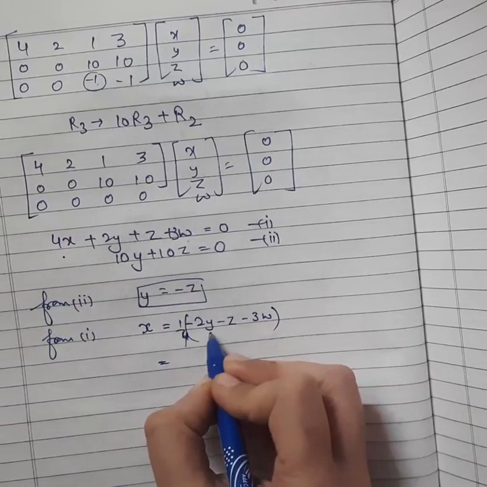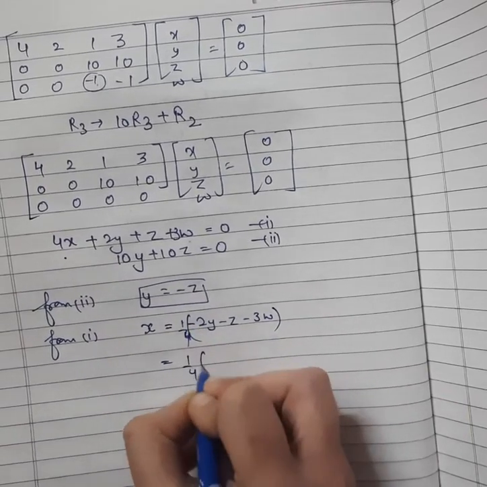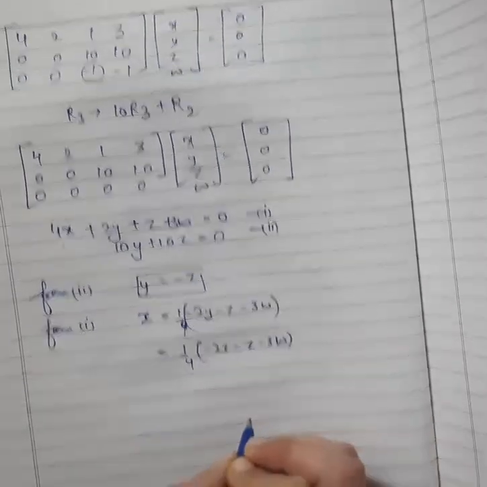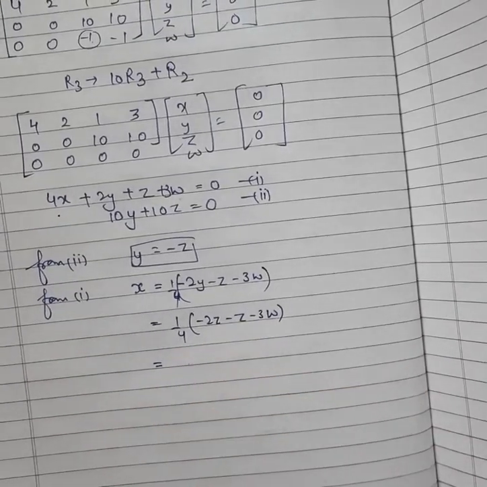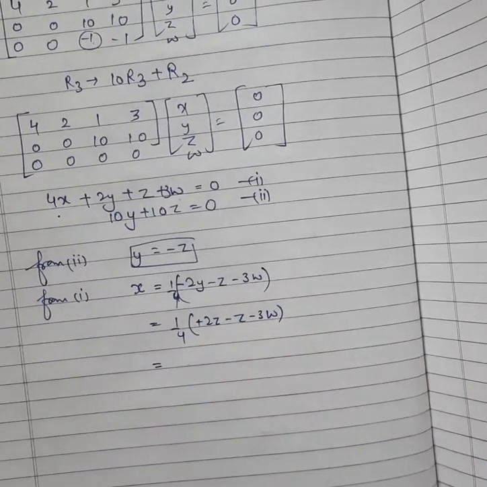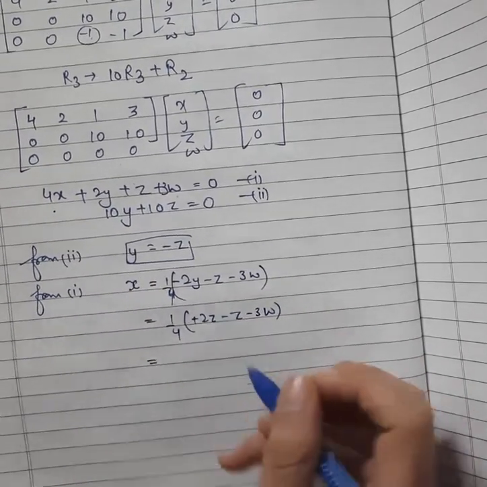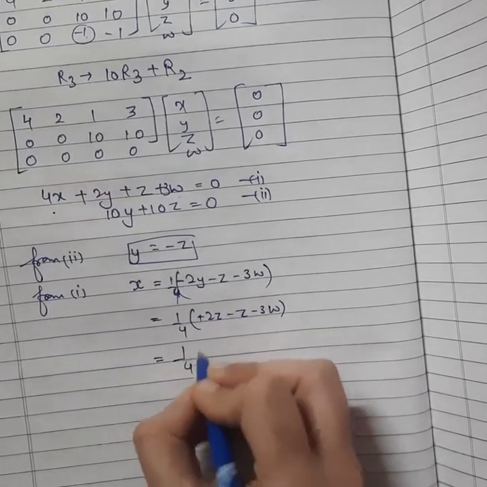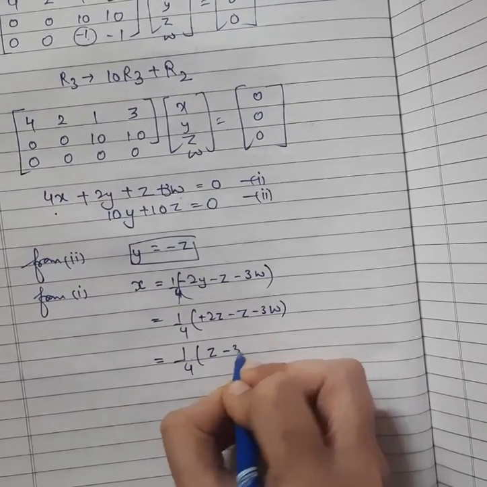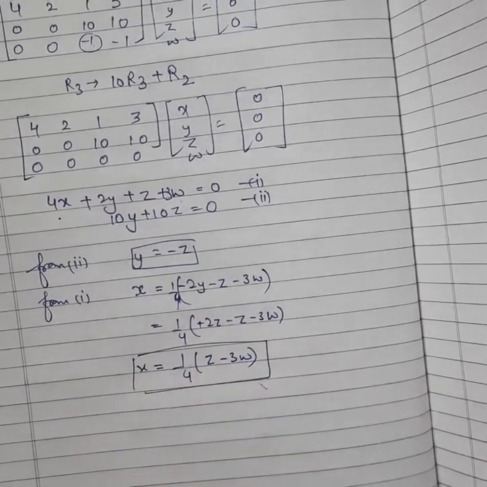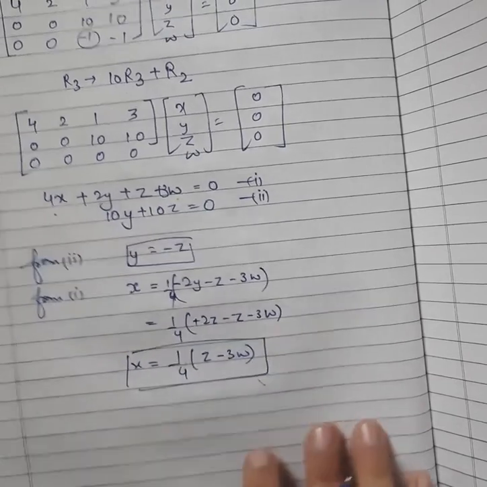Substitute the value of y, which is minus z, so it's minus 2z minus z minus 3w. So we will get, sorry, plus z here, because y is minus z and the negative will give us a positive value. So it is 1 by 4 times z minus 3w. So the value of x is 1 by 4 times z minus 3w.